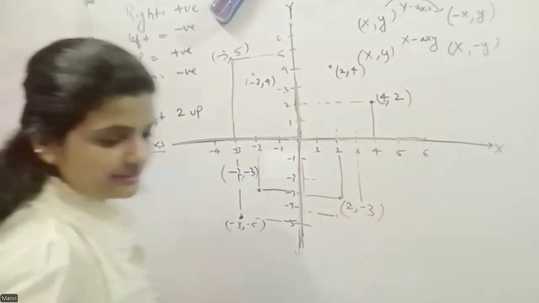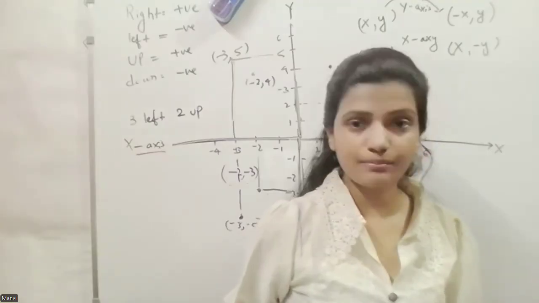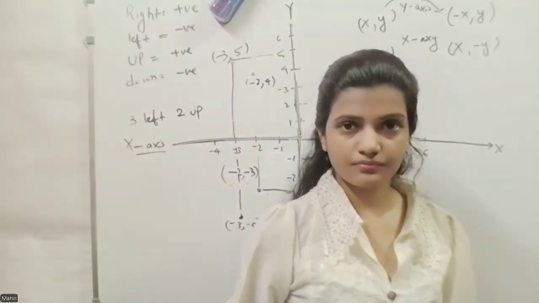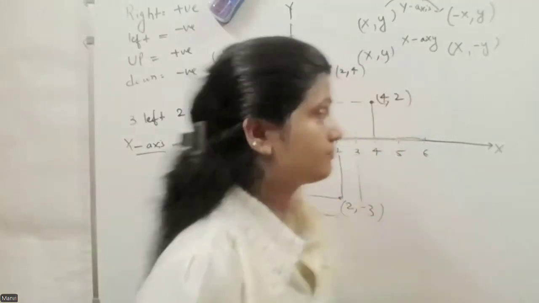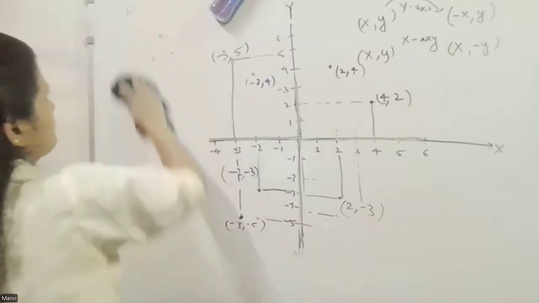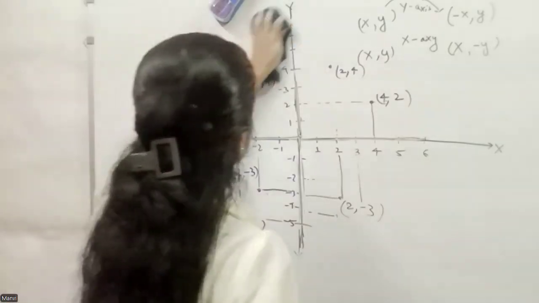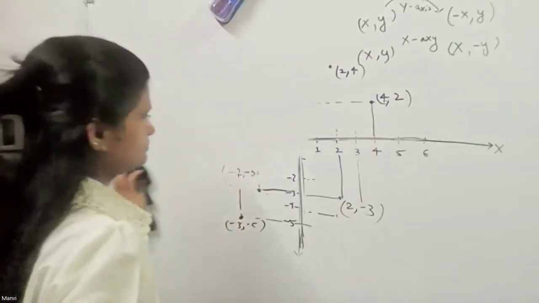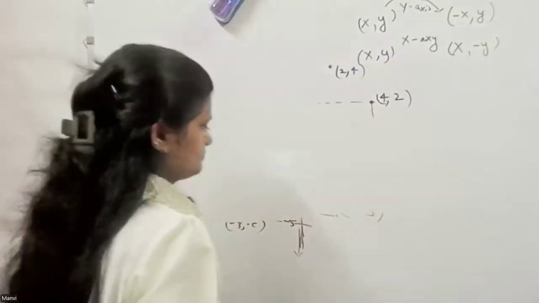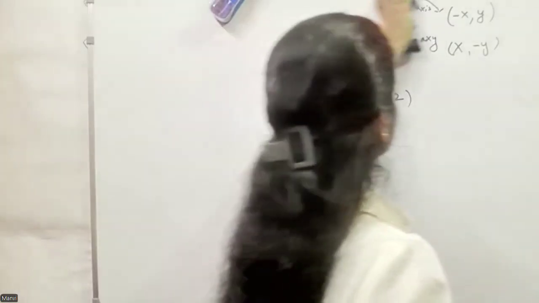Okay, if you look into your sheet, there are a few questions given on page number 8. So could you please tell me the answer of all those one by one? What will be the answer for question number 1, Kavya?